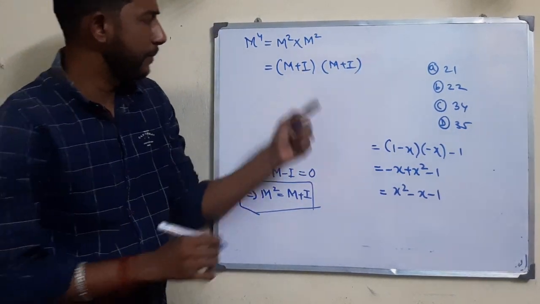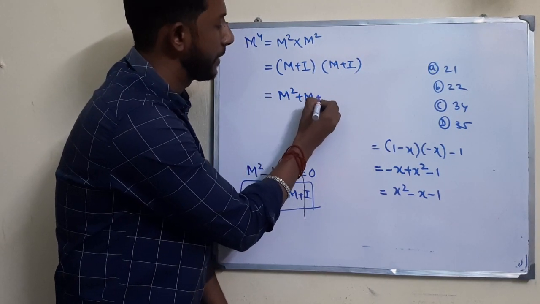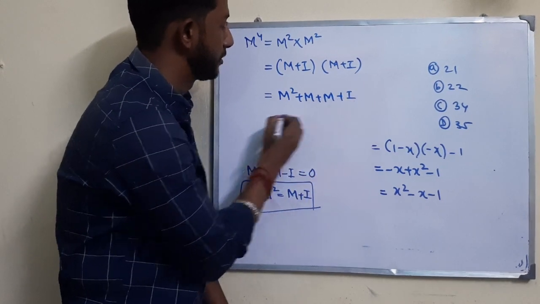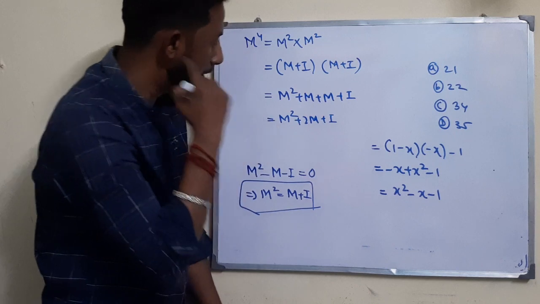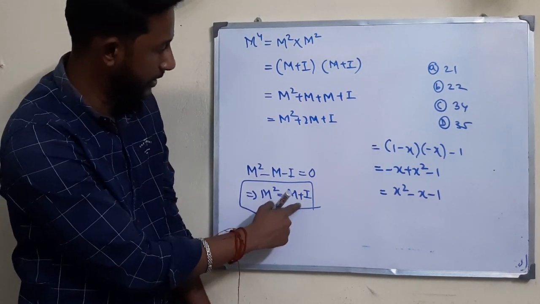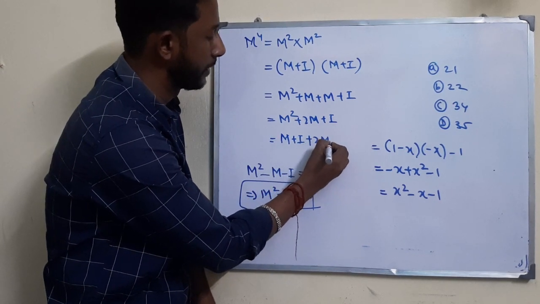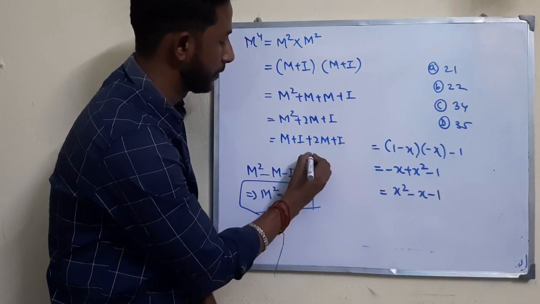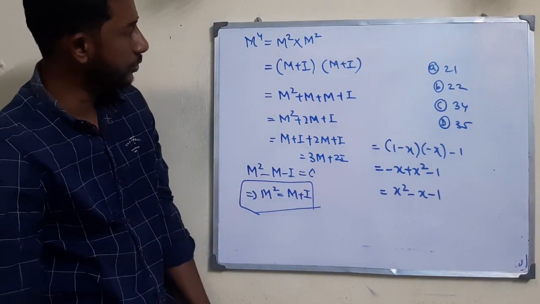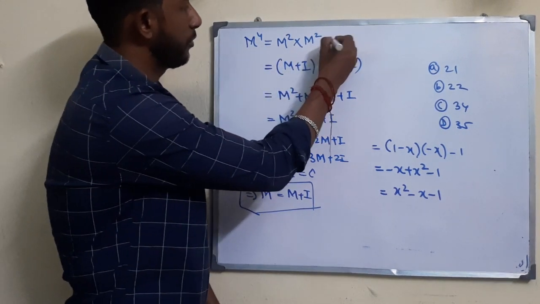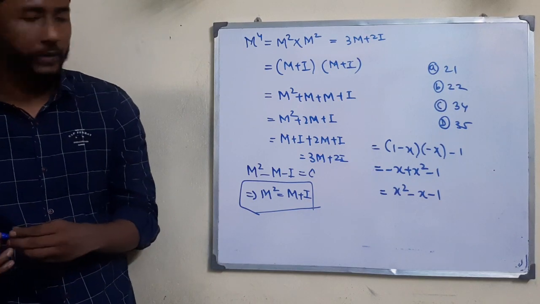So multiplying M plus I with M plus I, I will get M square plus M plus M plus I. So M square plus 2M plus I. Now put the value of M square, M plus I, in this equation. I will get M plus I plus 2M plus I, which is equal to 3M plus 2I, right? So the value of M to the power 4 is equal to 3M plus 2I. So we got the value of M to the power 4.